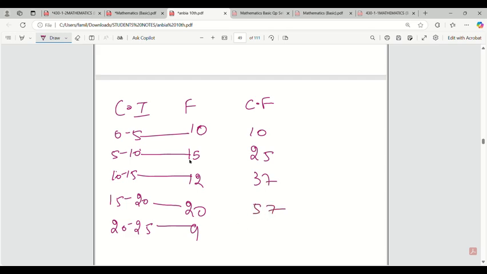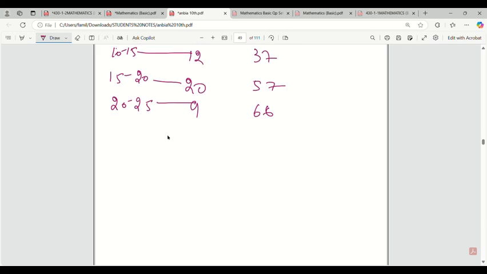Cumulative frequency: 10, 25, 37, 57, and 66.